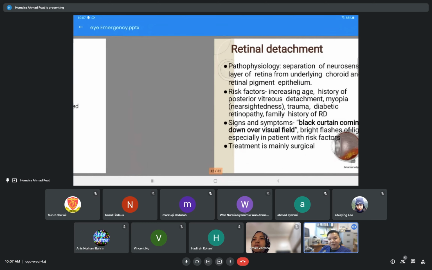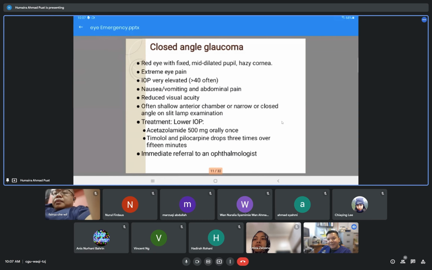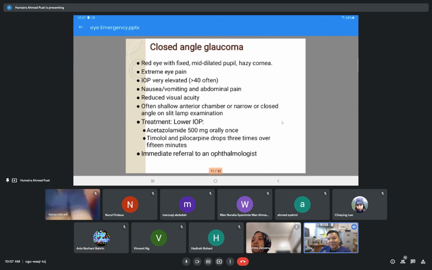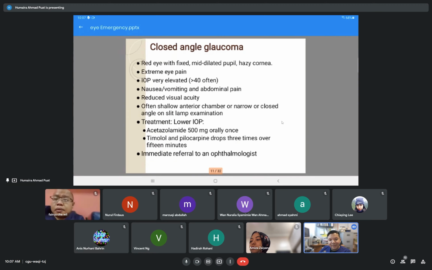So, if let's say patient ada glaucoma, what are the medications that you need to avoid? Yang you tak boleh bagi kat patient? So, name me one common medication yang available in ED yang kalau patient ada glaucoma, you tak boleh bagi. Kalau you bagi, glaucoma dia lagi teruk. Okay, kalau patient ada glaucoma, then patient come with AGE with abdominal pain, what do you normally give?